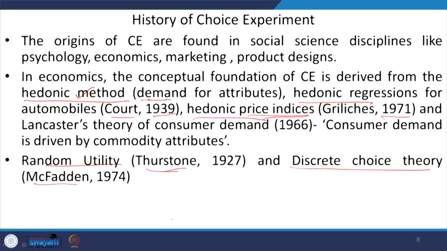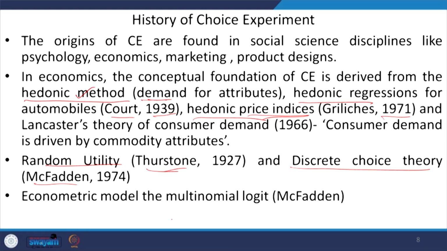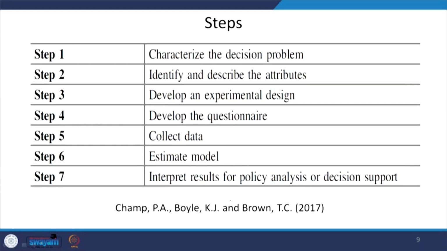All these are the theoretical backbone that shapes the choice experiment we are finding currently. And so far as the econometric model is concerned, again McFadden developed the multinomial logit in order to apply discrete choice theory or random utility theory, dealing with choice data.